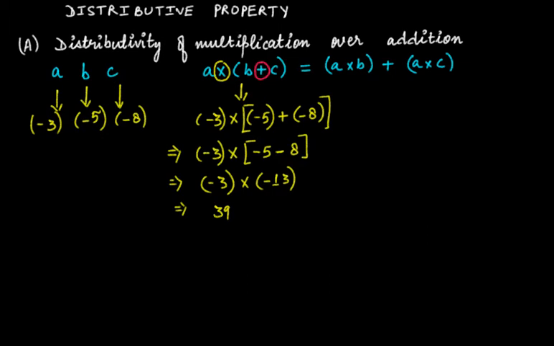Now it's time to solve this one. So this will be a times b, minus 3 times minus 5, plus a times c, minus 3 times minus 8.